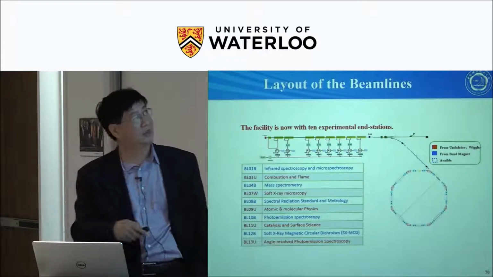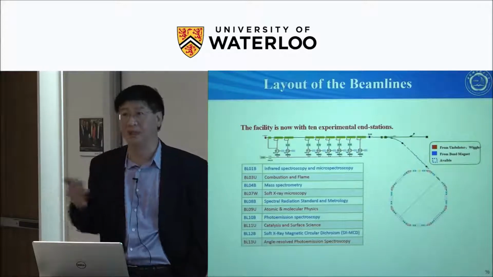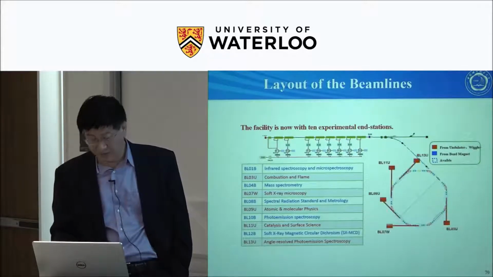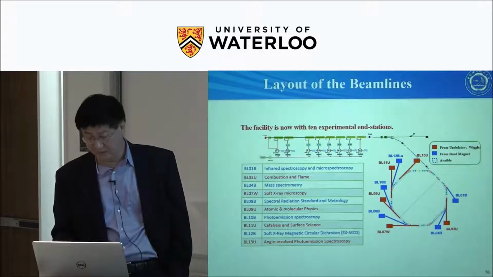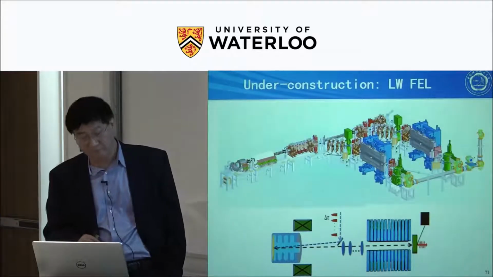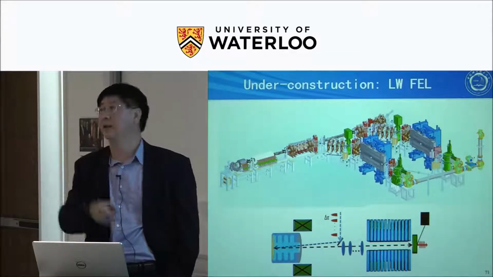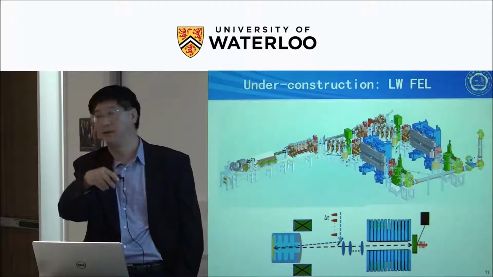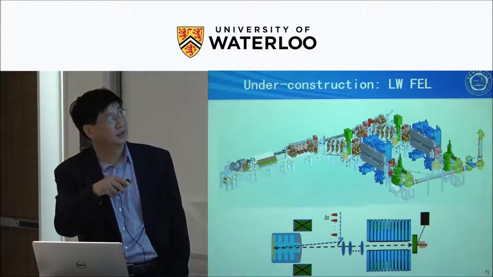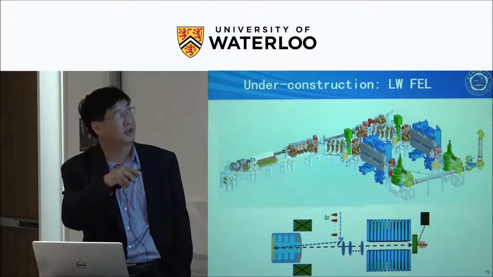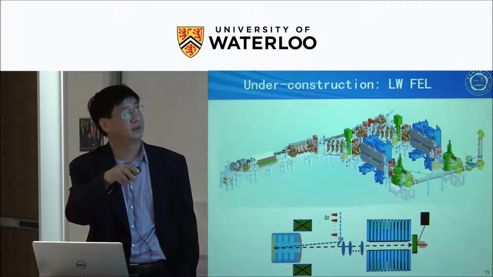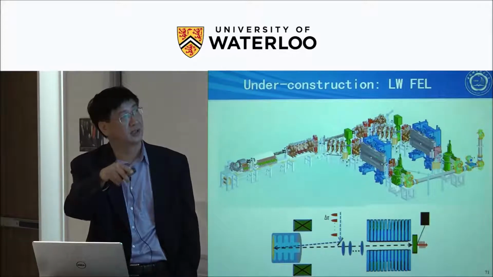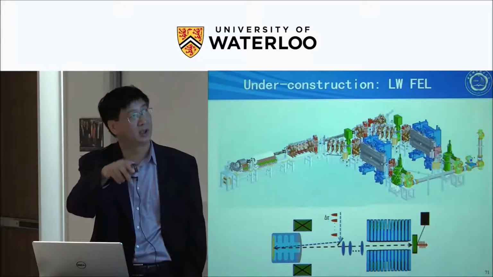All of it is open to users. And this is what it looks like. Then this is the long-wave FEL, the one where we just got the light out. We have an FEL built here. This is the gun, this is the accelerator all the way, and then this is the undulator. We have two arms.